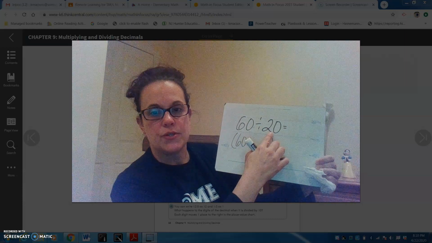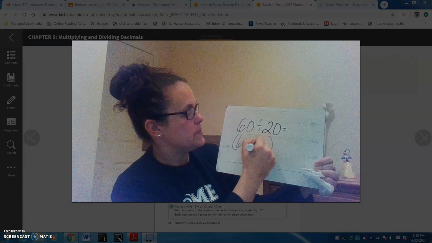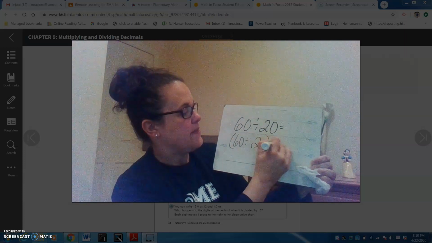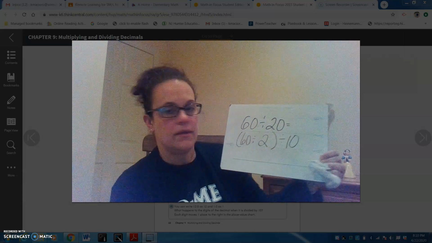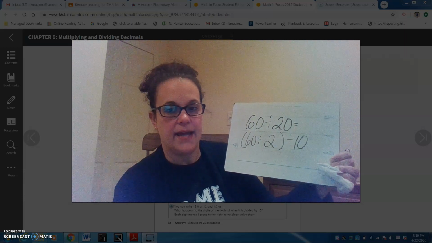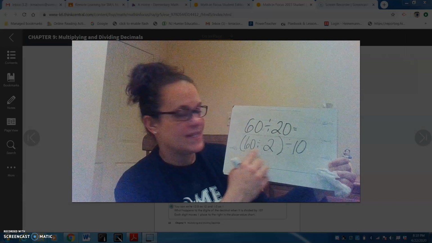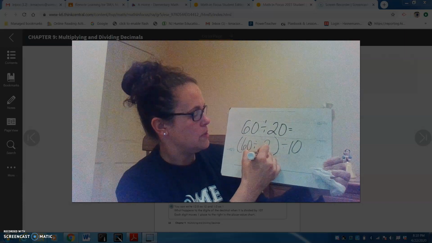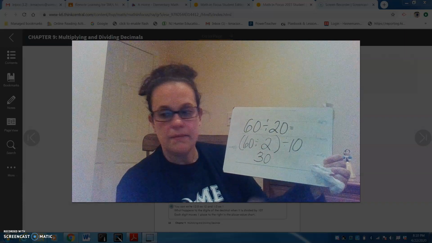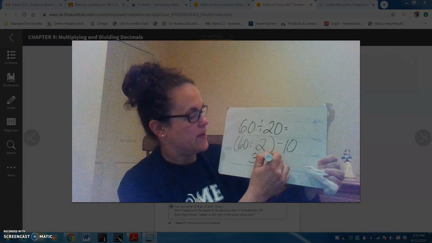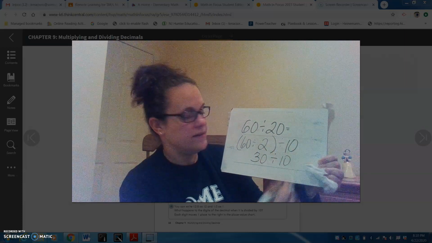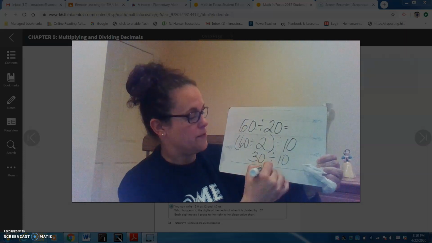We decompose the group of 10. So we have 2 groups of 10, which I'm going to put here, and then I'm going to divide the whole bracket by 10. So let's do what's in the bracket first. 60 divided by 2 would be 30. And then I'm going to divide that 30 by 10, and I get 3.